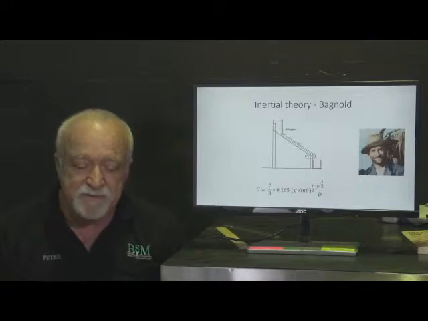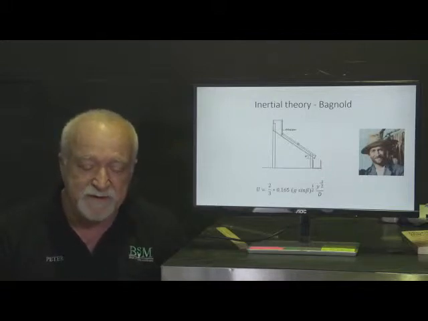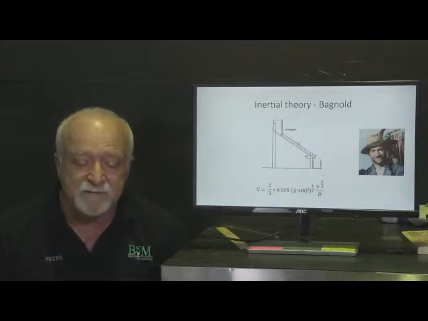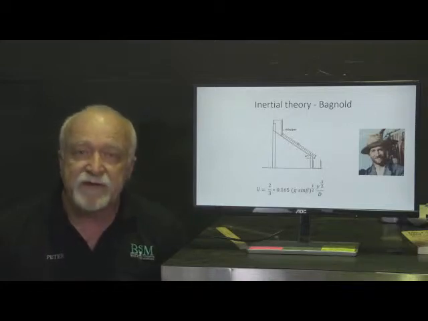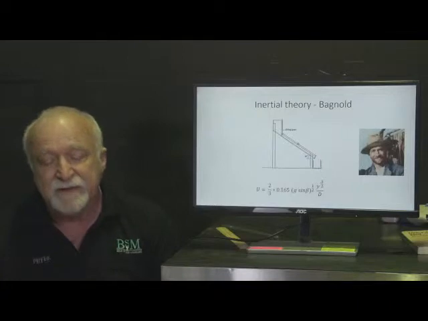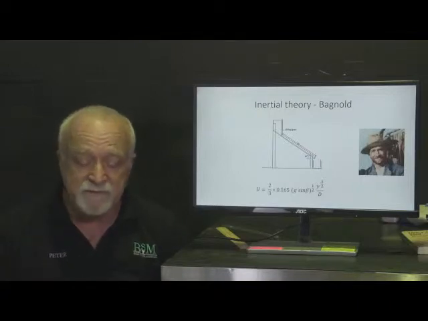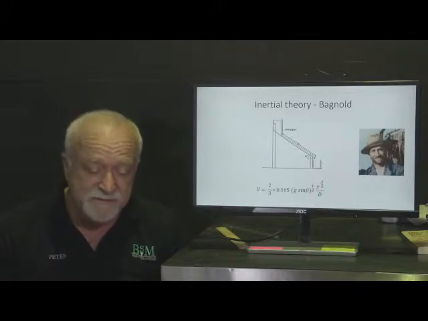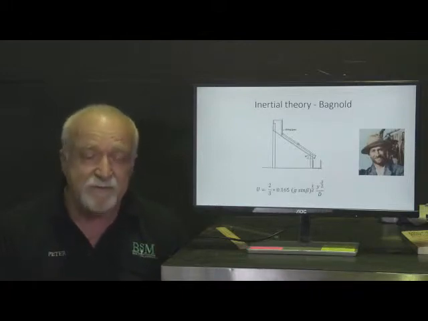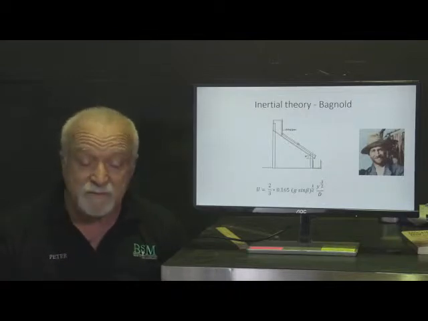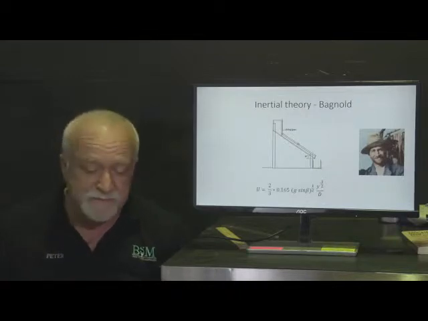One simple experimental setup he started out with was an inclined channel with a gate at the top and a hopper, and he let sand flow down that channel. And he developed some correlations for that. He went on to do a lot more sophisticated work, and his flow down a channel experiment has been repeated by countless experimenters since, and they've all come up with similar correlations to his.